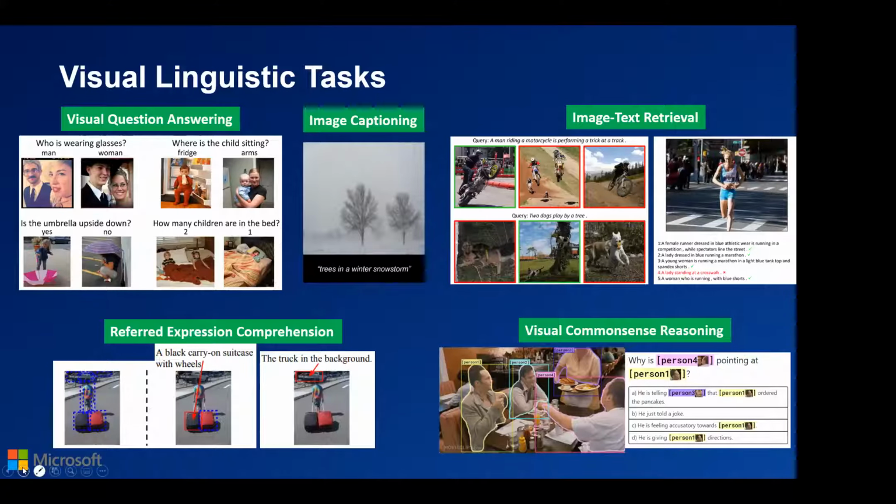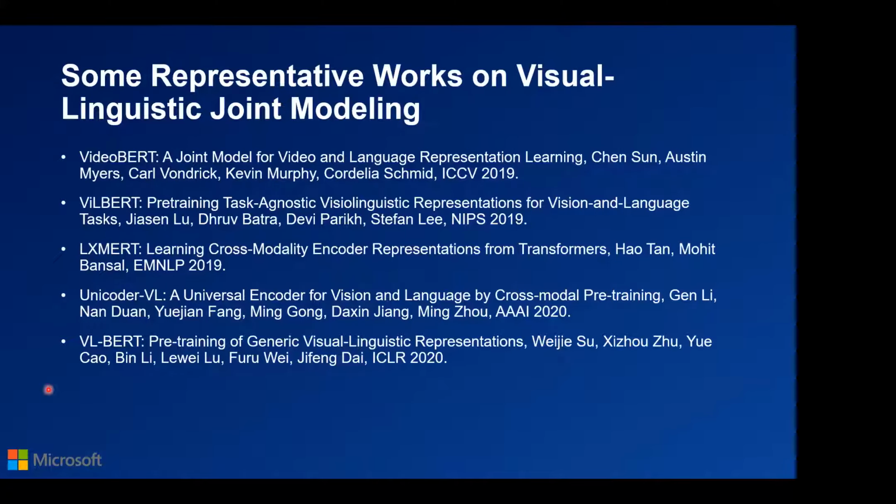These are all very hot topics recently for the computer vision community. I'm listing some of these representative works here. The majority of them depend on either the BERT language model combined with visual features. Nowadays, I think the visual information can also be extracted with transformers, so you have a unified architecture for doing this kind of visual linguistic processing.